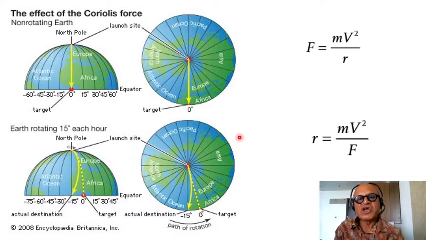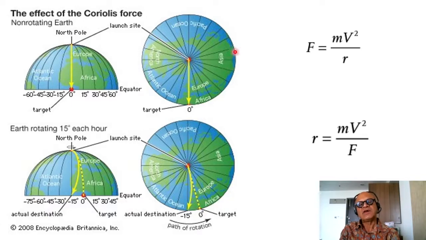We can think of it in terms of the centrifugal force we experience because we are on a rotating framework. So centrifugal force is given by mv squared over r, where v is the azimuthal velocity with which you are moving, so the longitudinal velocity, and r is the distance from the axis of rotation.